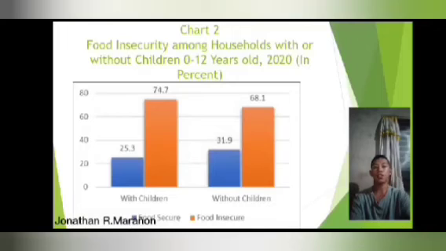And in chart 2, food insecurity among households with or without children 0 to 12 years old, 2020. So, the proportion of children in the surveyed households receiving supplementary feeding also went down to 11.9% in 2020 from 21.6% reported in 2019 before the pandemic.